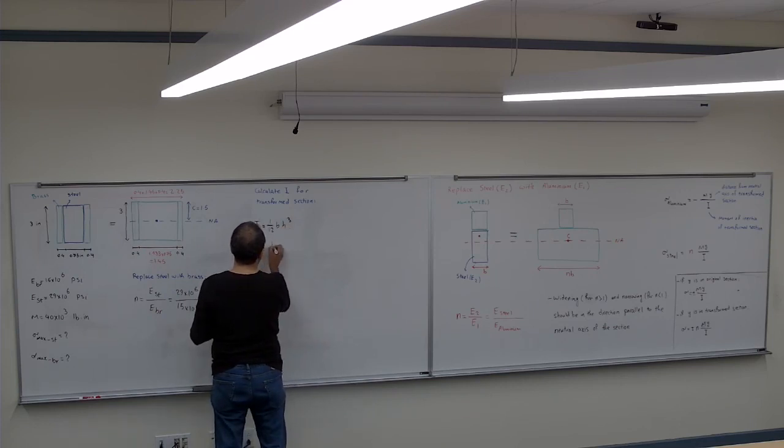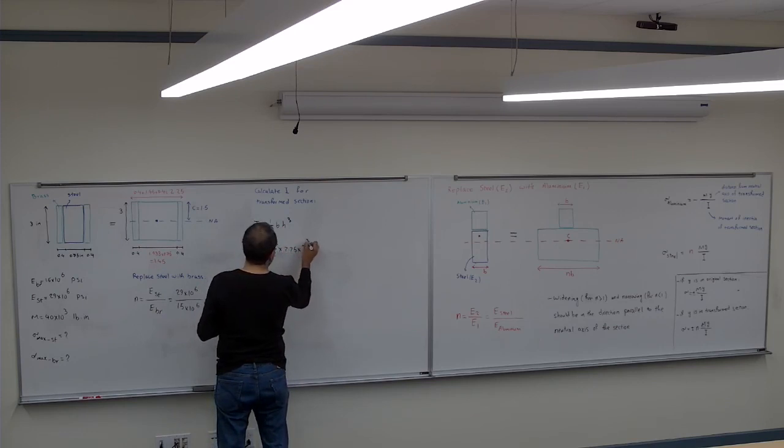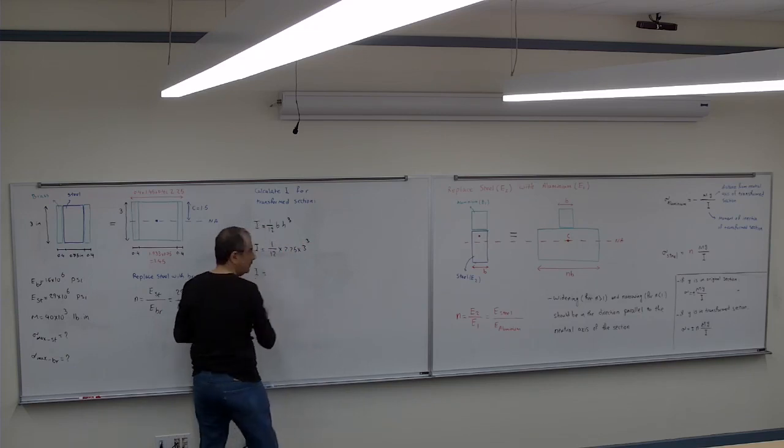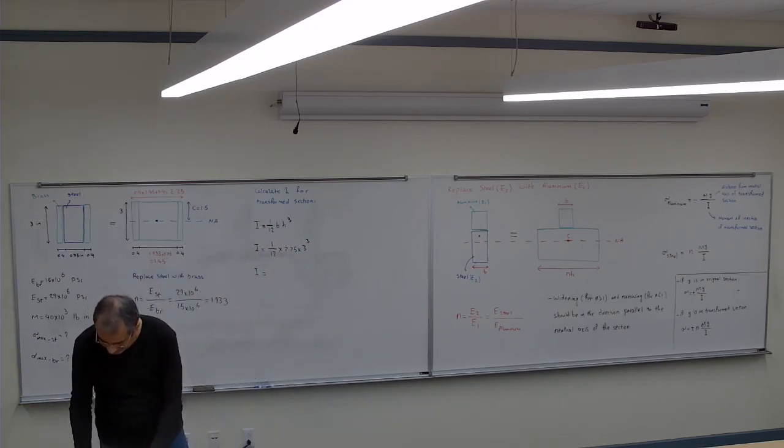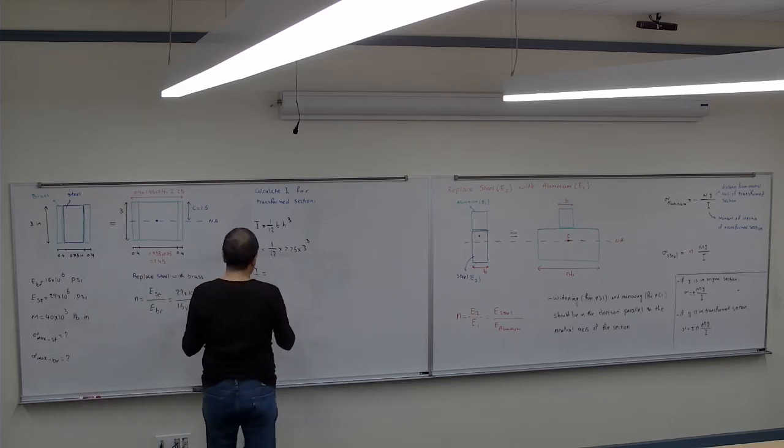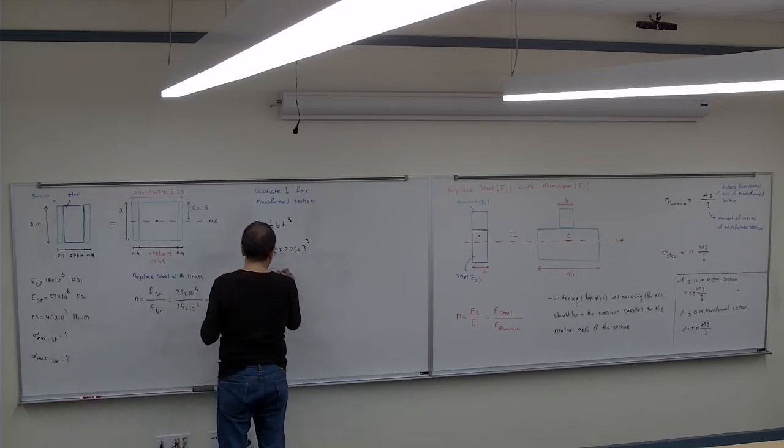So I would be 1/12 of the B, which is 2.25, times 3 cubed. So I would be 5.063 inch to the fourth.